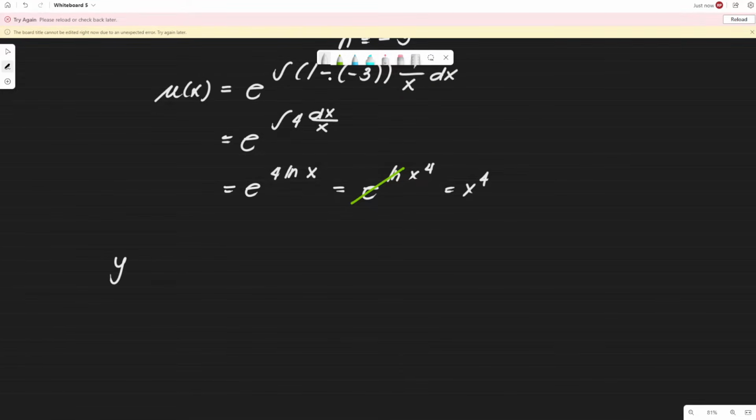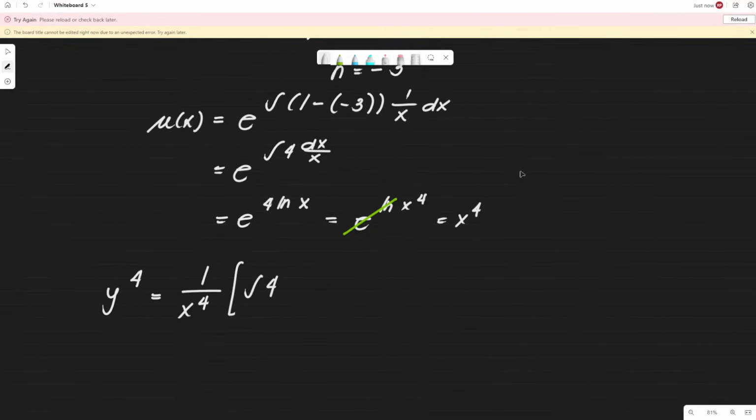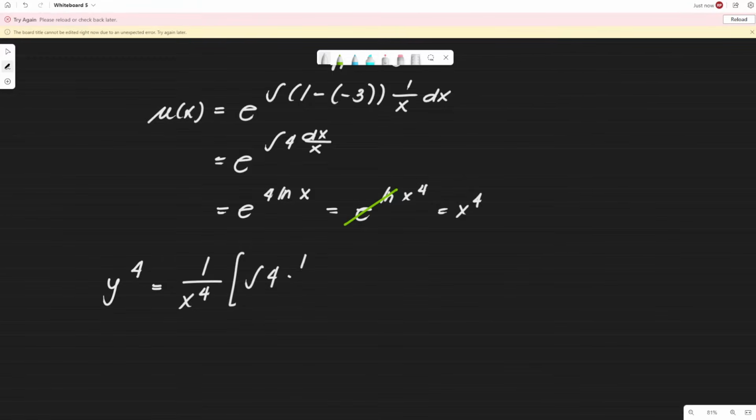So actually, you can put what you get from the 1 minus n. We have y raised to 4 is equal to 1 over x to the 4th multiplied to the integral of 4, that is our 1 minus n, multiplied to q of x. What is our q of x? We have 1 over x cubed, then our mu of x dx plus c.